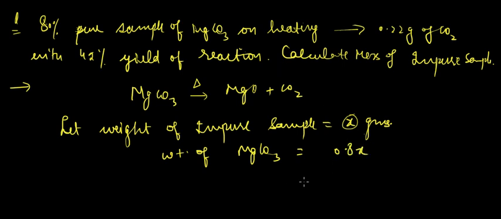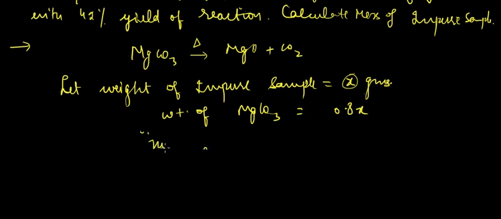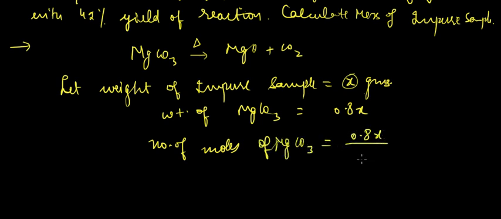Okay, so the number of moles of MgCO3 would be 0.8x divided by the molar mass of MgCO3, which is 84.